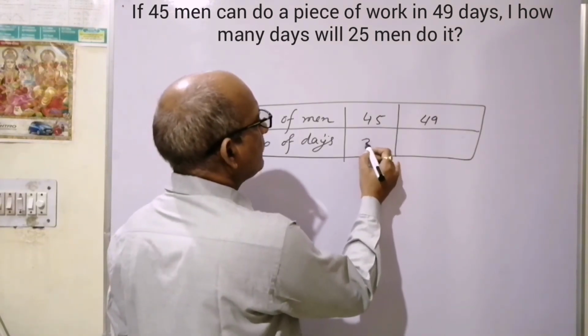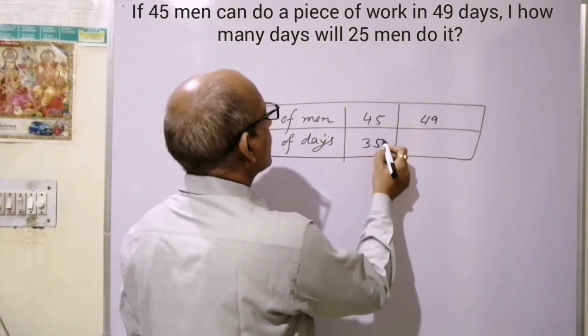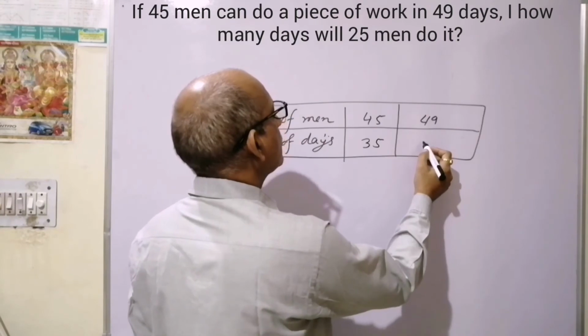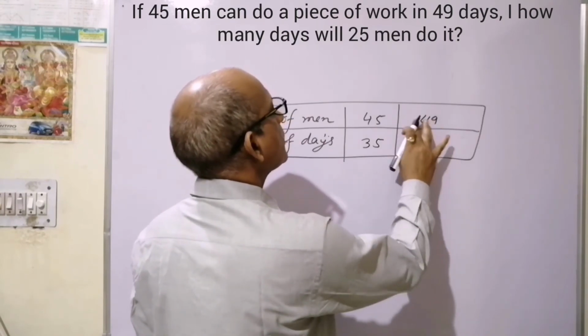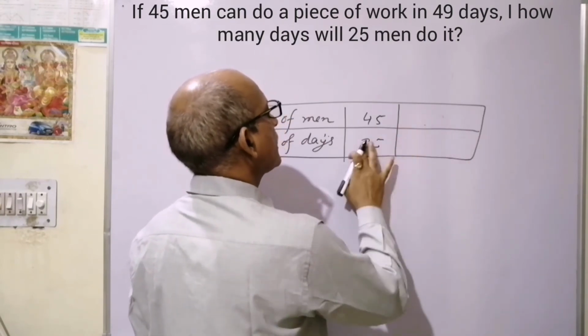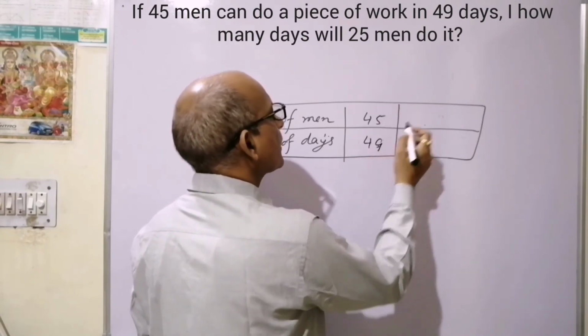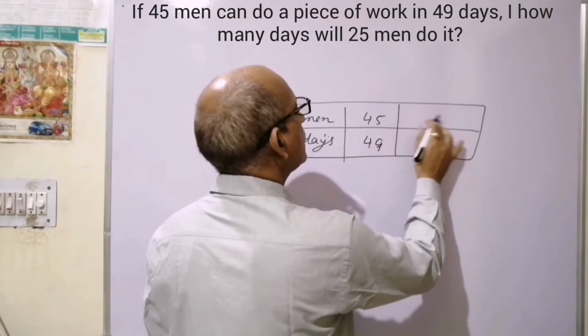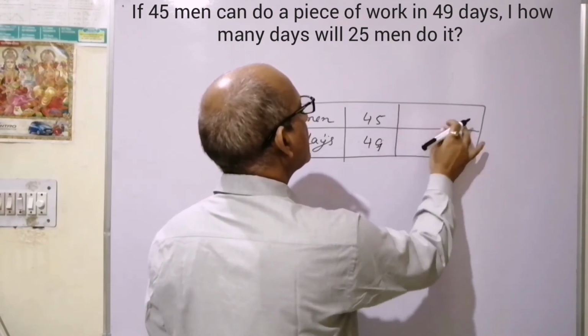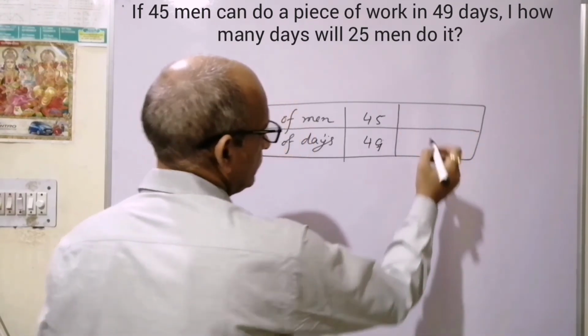It will take here 35 workers. The number of workers is 45, then 49 days. Now the new number of workers is 35.